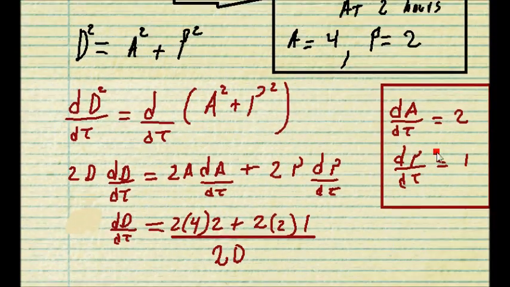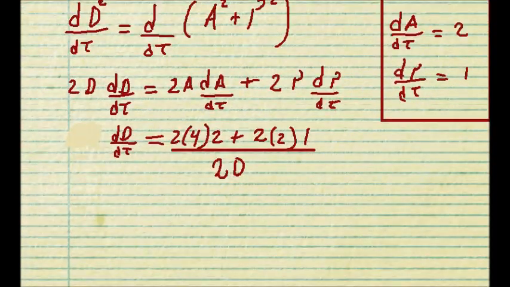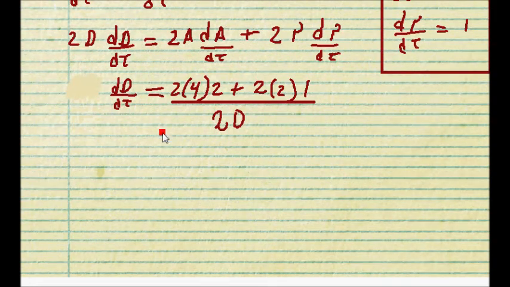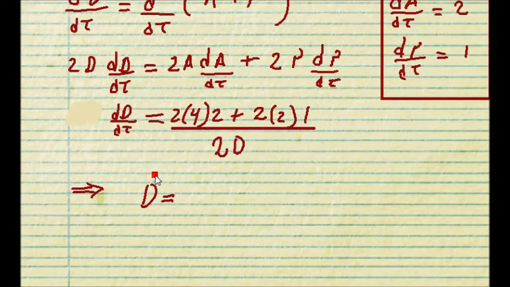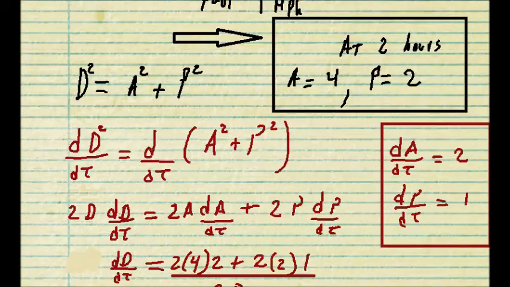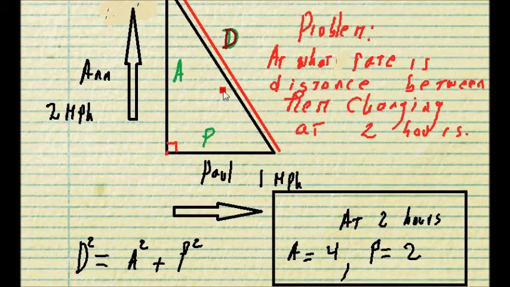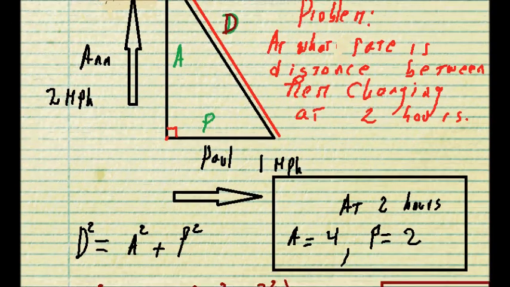So this implies that D squared is equal to A squared plus P squared, by the Pythagorean Theorem.